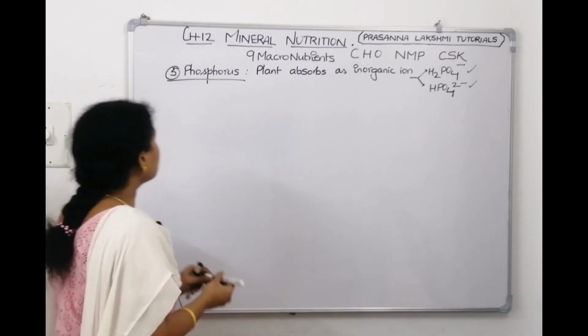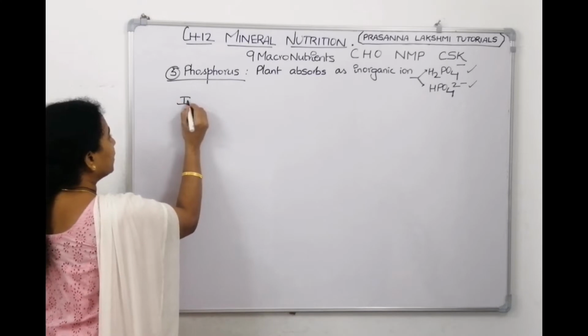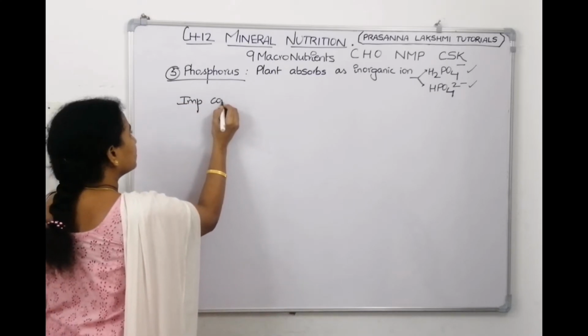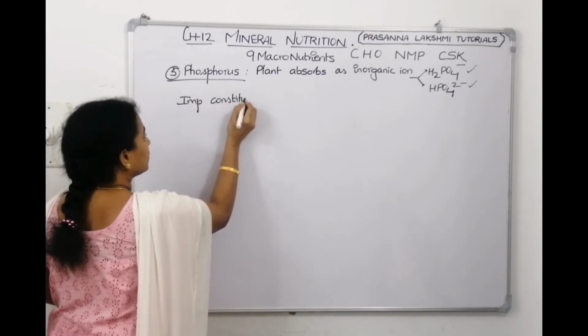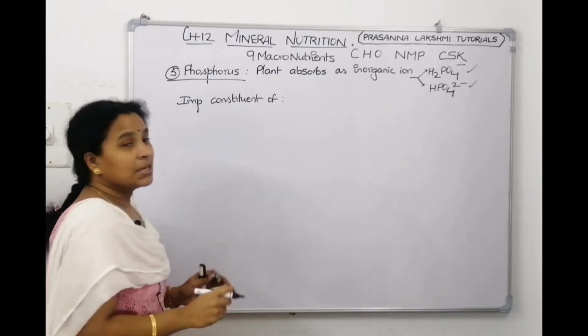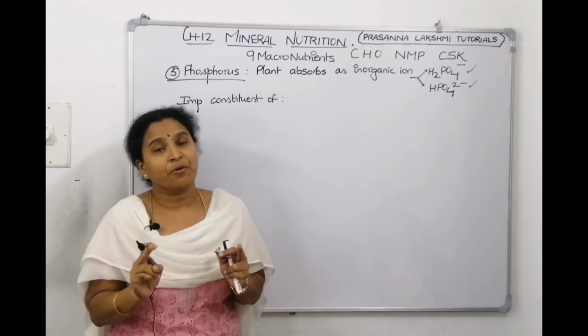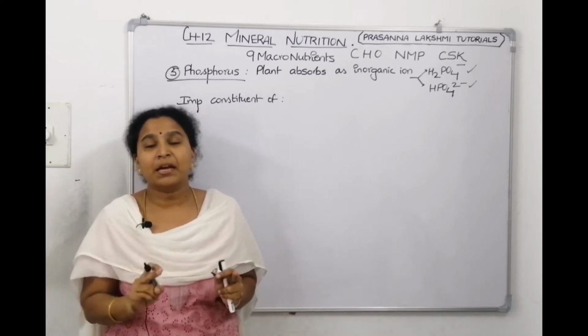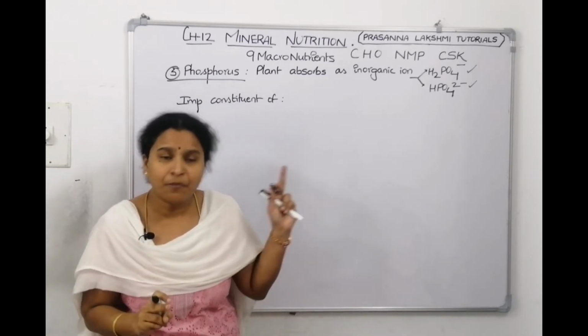Now phosphorus is an important constituent of, where can we find phosphorus? I told cell membrane lipids, right? Phospholipids are made up of phosphorus.